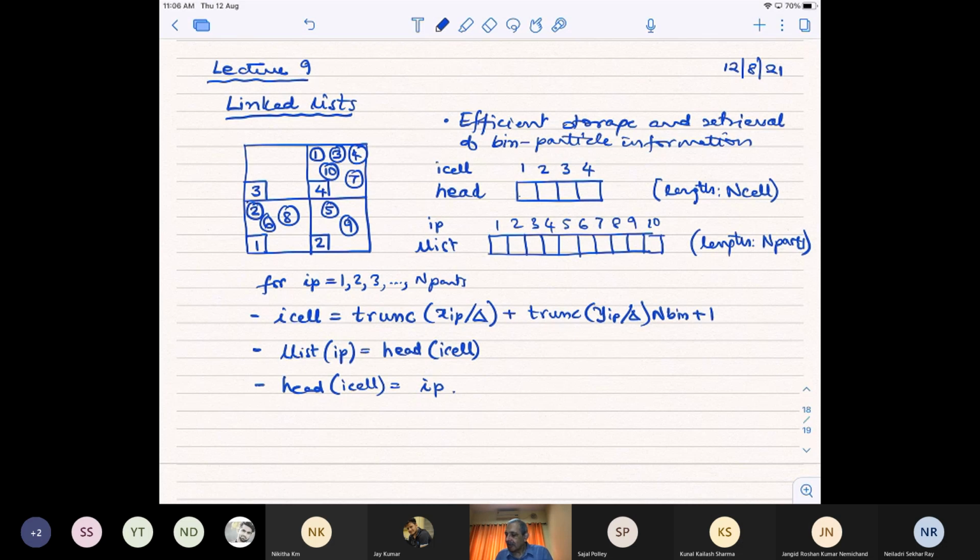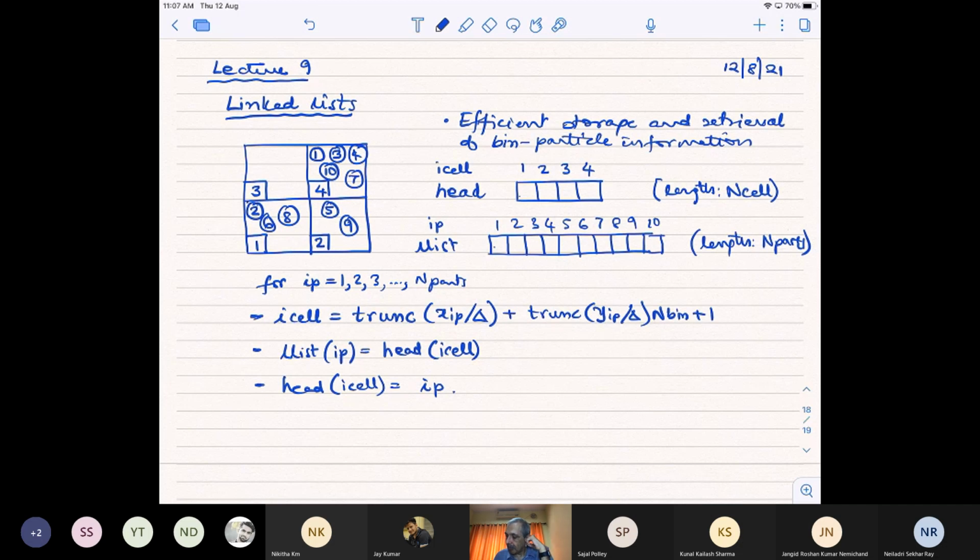So what we are doing is something really simple. In the previous presentation we saw how to calculate the I cell. Then you go to the head of I cell. Let's say your I cell number is 4. Whatever the value of head is over there, you put that into L list for IP equal to 1.